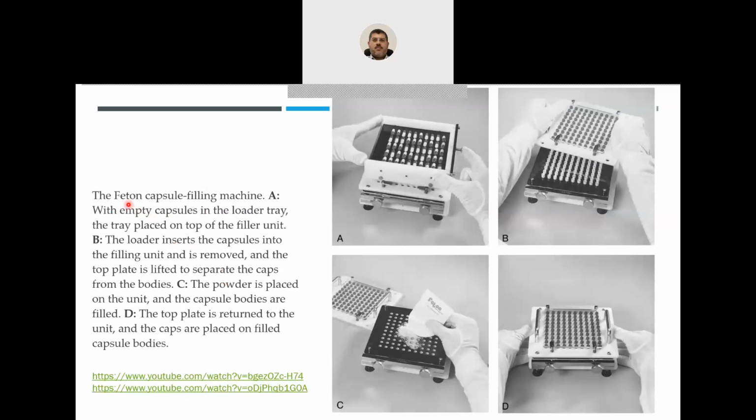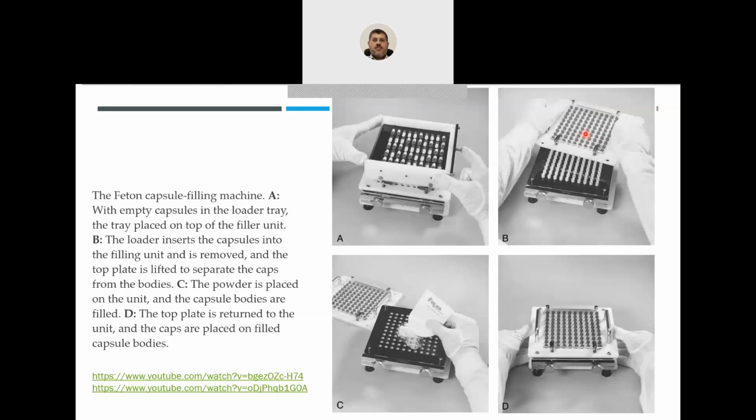First you put the empty capsules in the loader tray, and this loader tray is placed on top of the filler unit, and then by moving it, as in the figure here, you open the capsules.